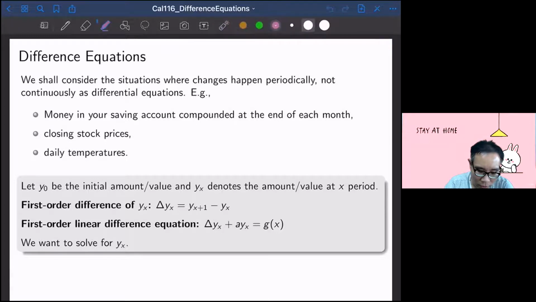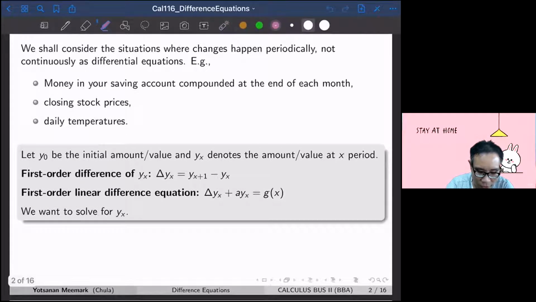So the first order difference is going to be delta y_x. Delta y_x is going to be y_(x+1) minus y_x. So it's the difference from one period to the next period after that.